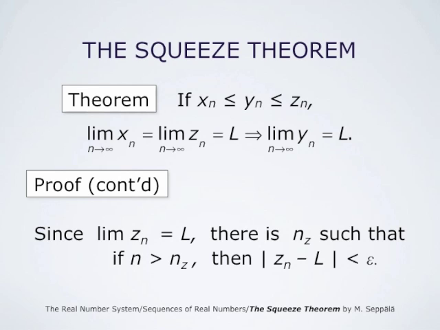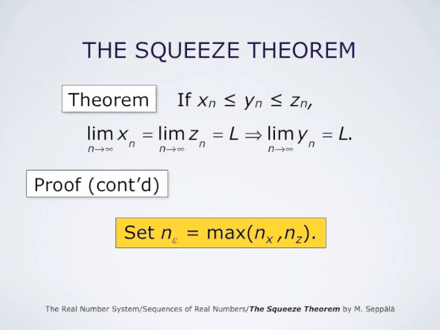Here we have used the definition of the limit for the sequence zn, and the theorem assumed that the sequence zn has the limit capital L. Therefore, we can always find such an index nz such that whenever n is larger than nz, then the absolute value of zn minus L is less than epsilon. As before, this nz depends, of course, also on epsilon.